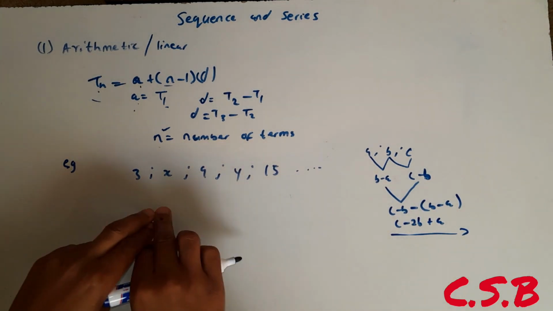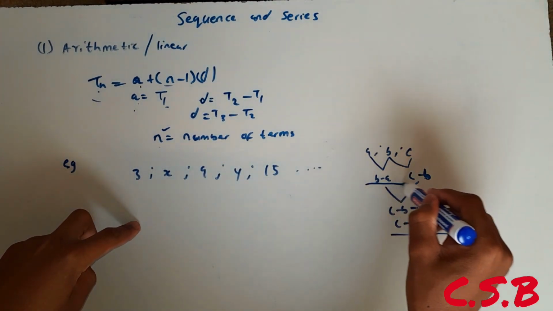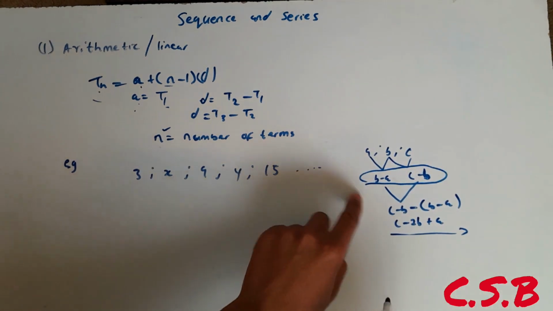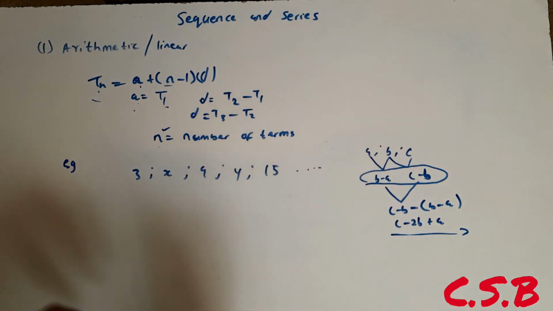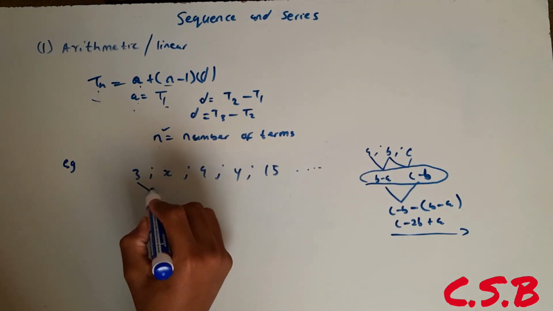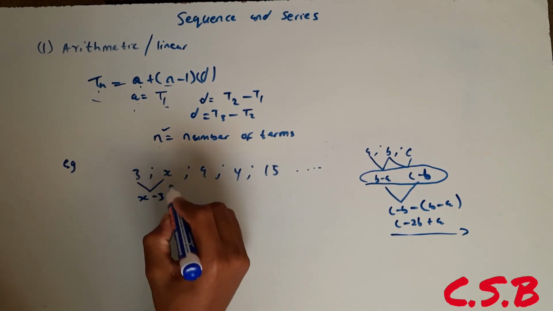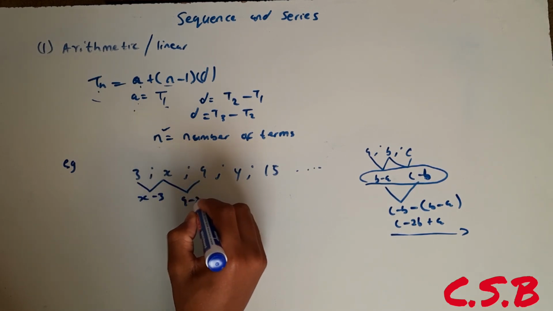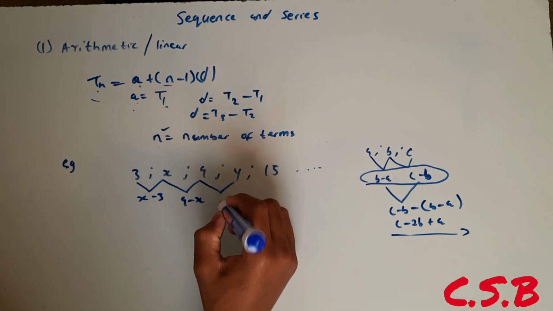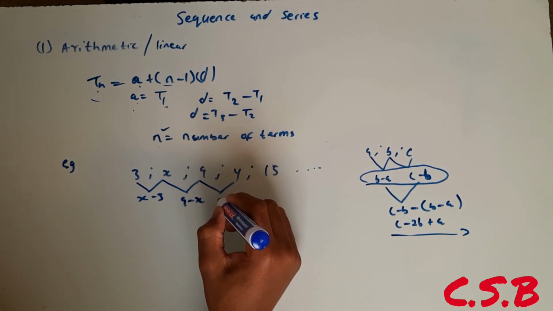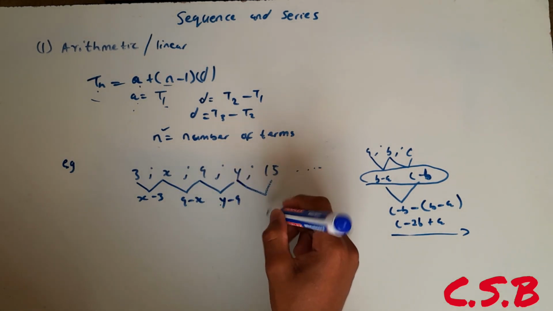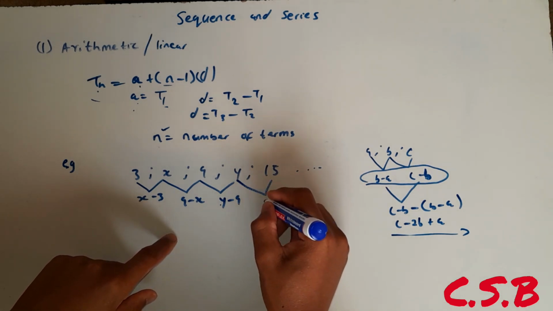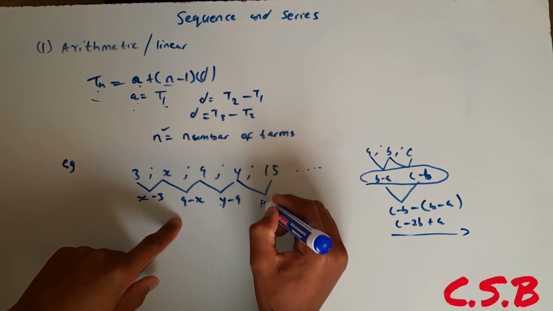So this is c minus 2b plus a. This is your constant. So already we are from a quadratic to a linear, and from a linear we're going straight to the constant. So a constant is equal throughout. So we can say x minus 3, then 9 minus x, is equal to y minus 9, then 15 minus y.